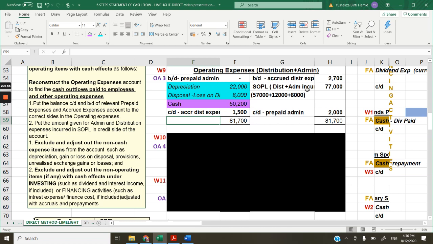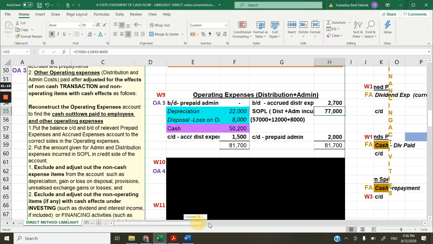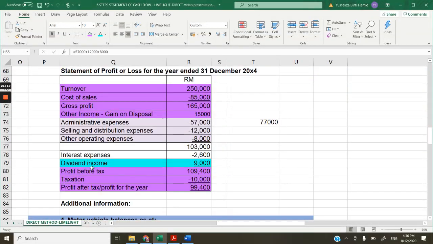So I put this, and now I've done almost everything. The income shouldn't be included here, which is the gain on disposal, because that was not included in the expenses. The income, for example, if you check the statement, the dividend income was disclosed after the operating profit, right?